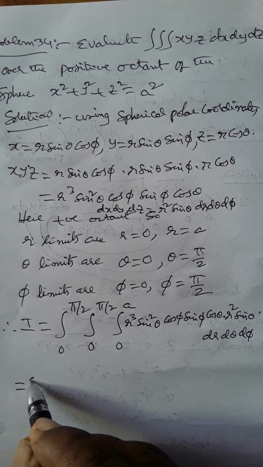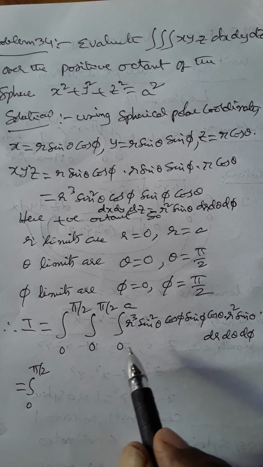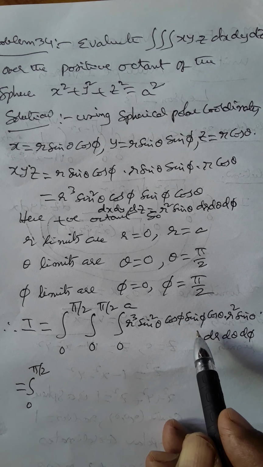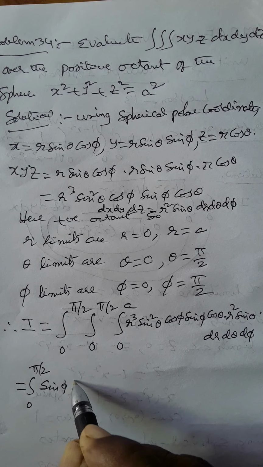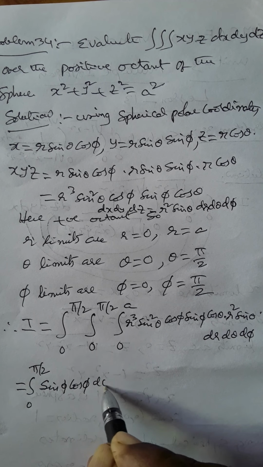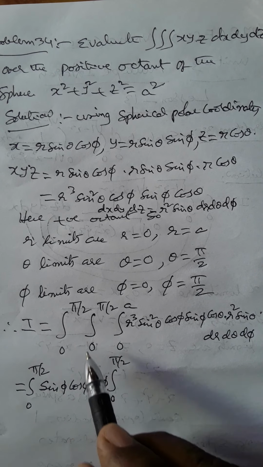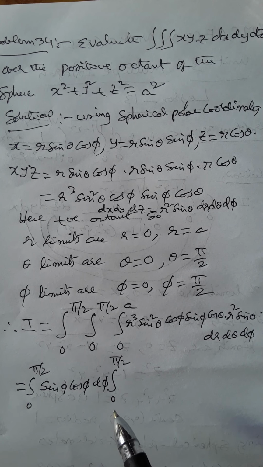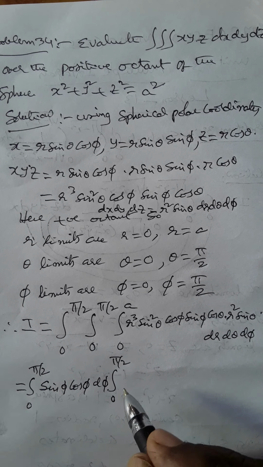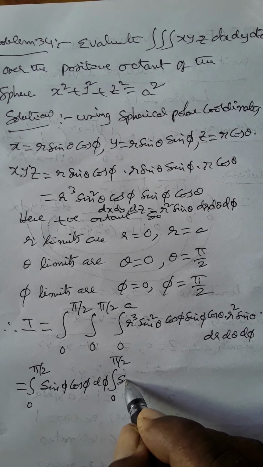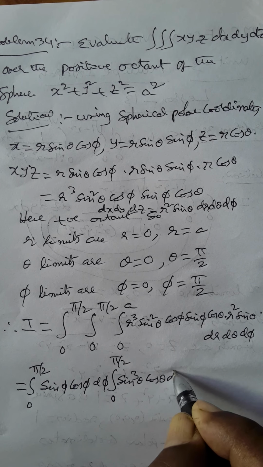This is equal to integral 0 to pi by 2. These are phi limits: sin phi into cos phi d phi. These are theta limits: sin square theta into sin theta, so sin cube theta cos theta d theta.